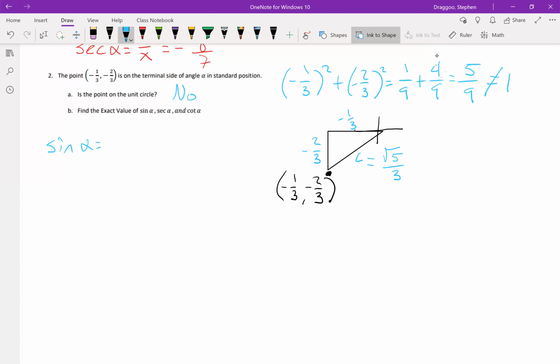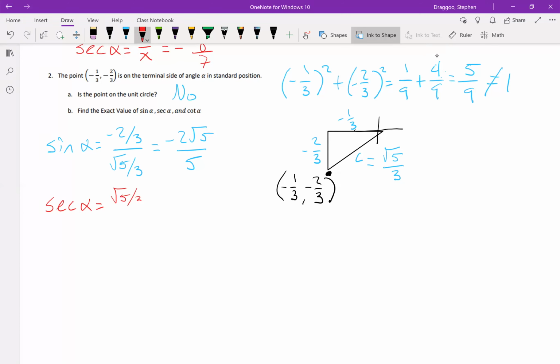Sine of alpha is opposite over hypotenuse, which means I'm looking at -2/3 divided by √5/3, which rationalizes to -2√5/5. Secant of alpha is hypotenuse over adjacent.